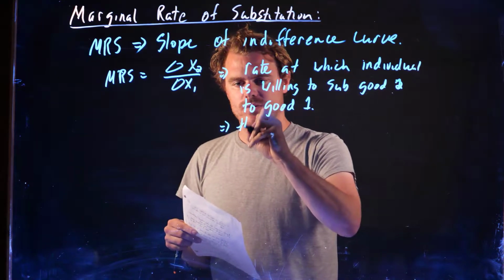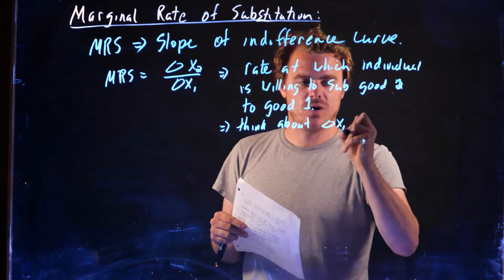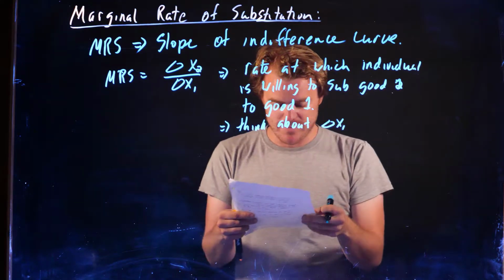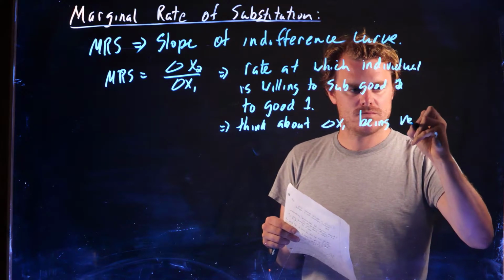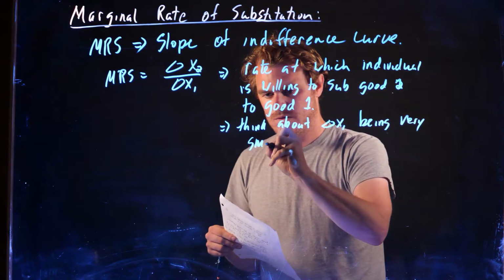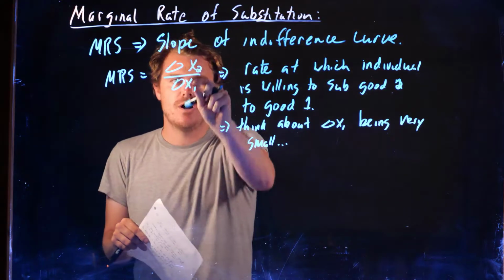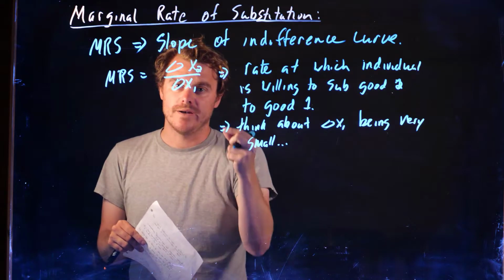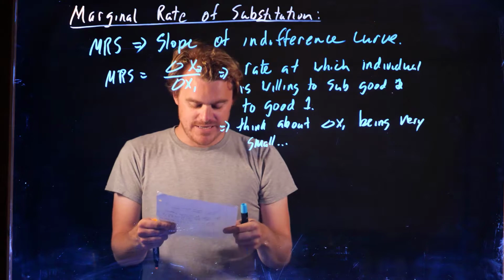You want to think about the change in x1 and the change in x2 being very small amounts. And the smaller and smaller you make this change in x1, the closer it is to the slope of the indifference curve.